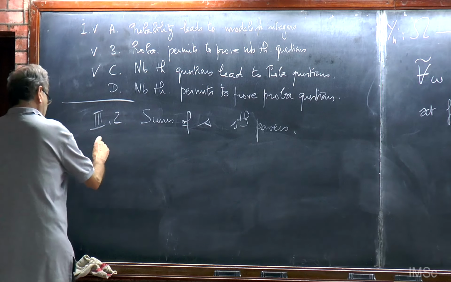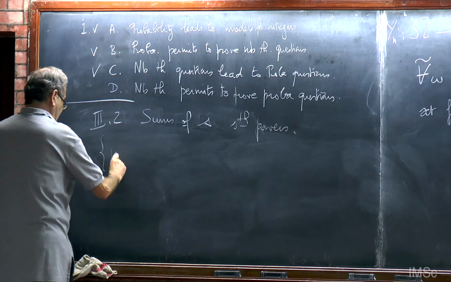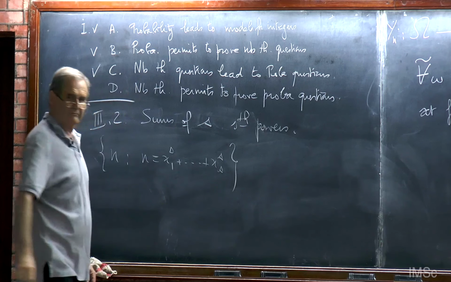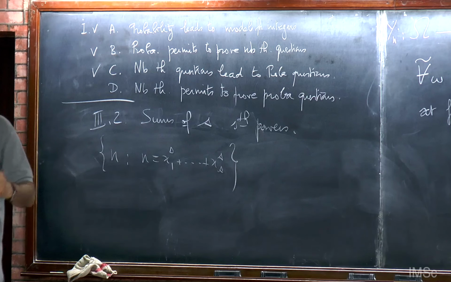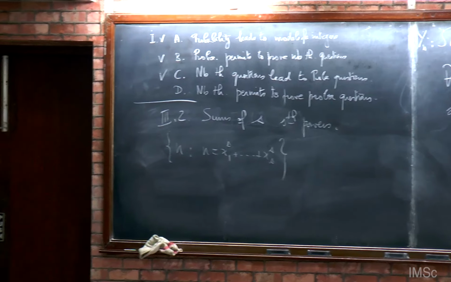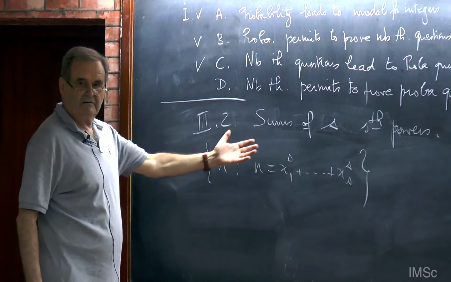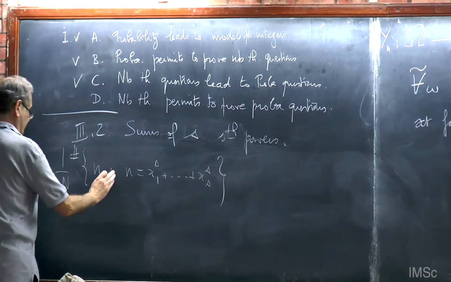So in sum, what I am going to look at is the set of n such that n can be written as x1 to the s plus ... plus xs to the s. Number theory, all that are integers. Okay, the xi are non-negative integers, n is a non-negative integer, and I want to look at this set. So the question was, does this set have a density? What can you say if you look at 1 over n times the cardinality of the n up to n for which you have this?